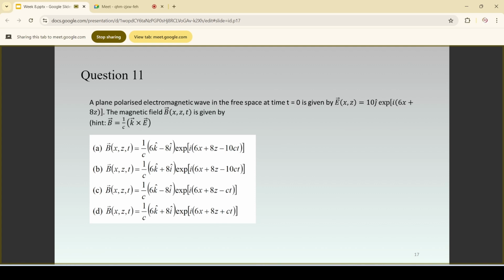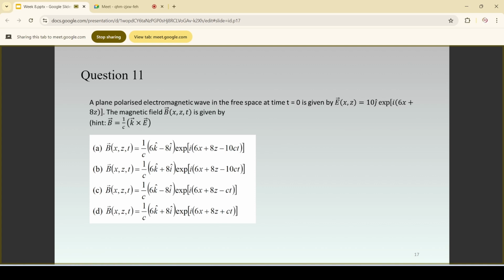Why is this correct? Because k is 2 pi by lambda, and omega by k is 2 pi by T into lambda, so omega over k is this velocity c.